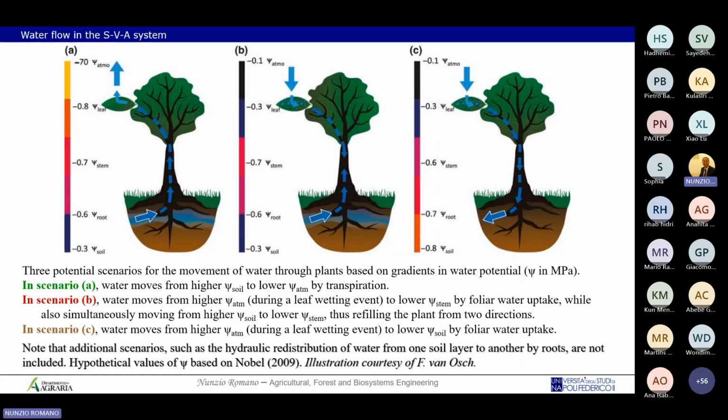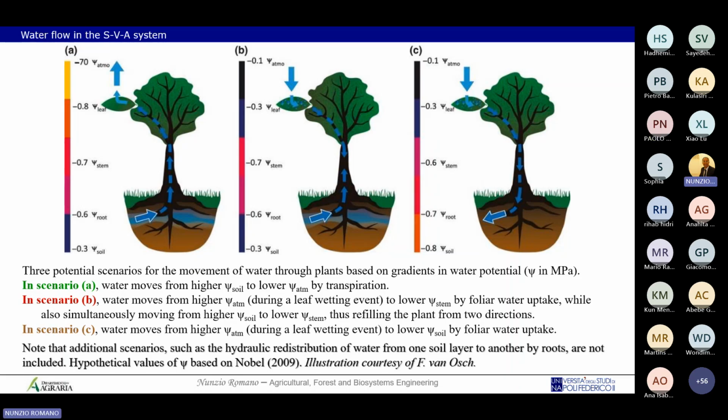Usually the roots are covered by fungi, and these fungi sometimes make the entering of water from the soil to the root a very difficult way to go, but usually the plant is so good that it can generate a suction into the root, so water can enter into the root, and the water wins the resistance in the root tissue.